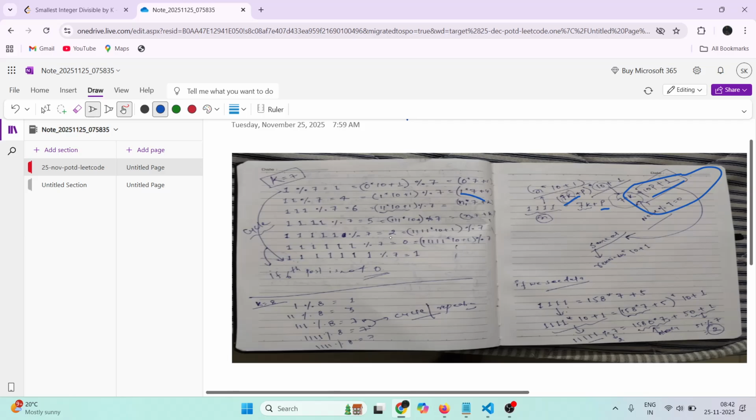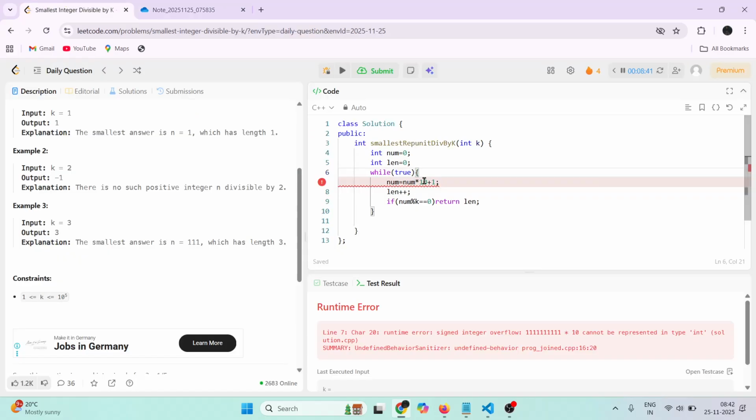One more thing, which we will come to later. Whatever this num is, we are just multiplying by 10 plus 1, but we can also take the mod, because we are going to divide by k.